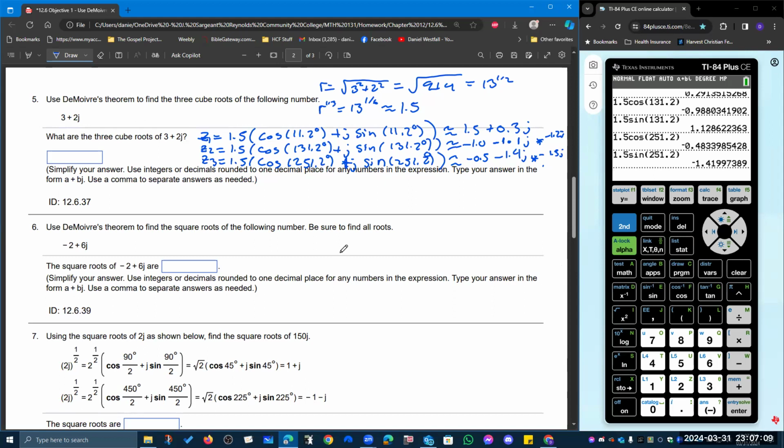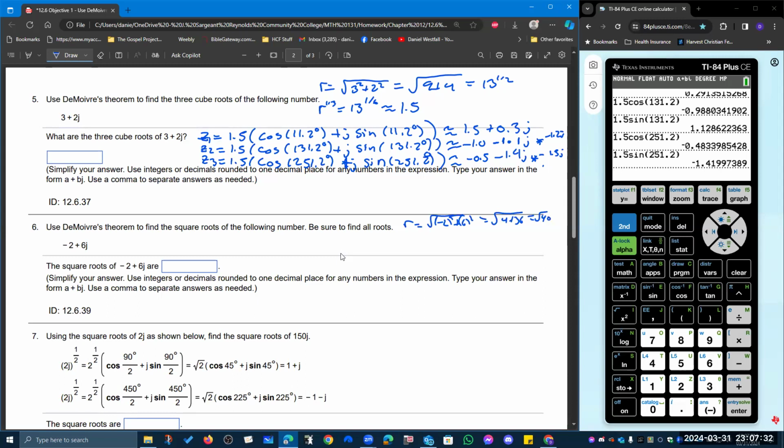So use DeMoivre's theorem to find the square roots of the following number. Be sure to find all roots. So let's find r, the square root of negative 2 squared plus 6 squared, is the square root of 4 plus 36, the square root of 40, which is 40 to the 1/2.